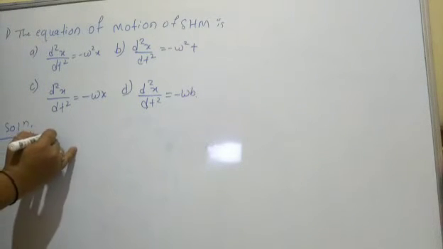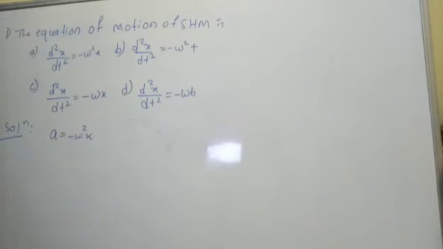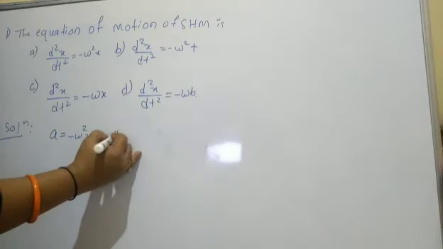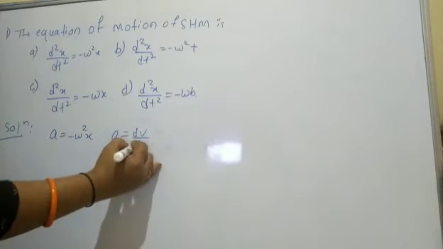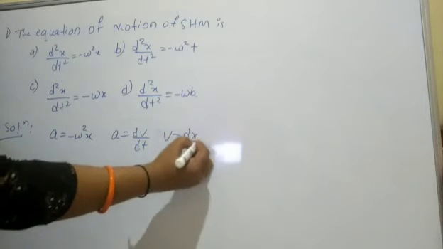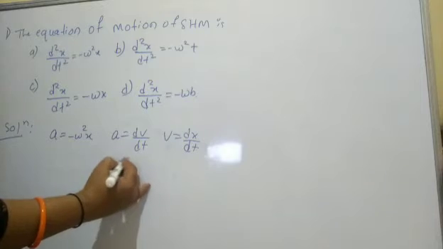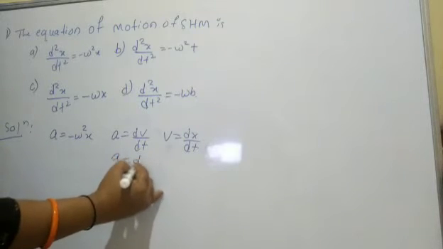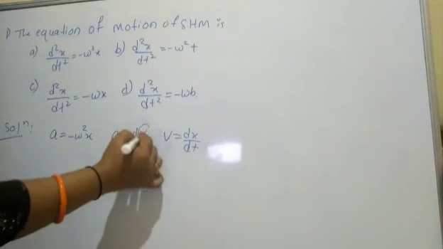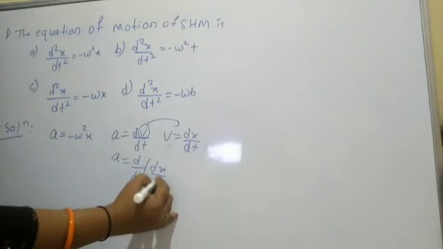As we know, acceleration is minus omega squared x. Acceleration can be written as dv/dt, and v can also be written as dx/dt. So, acceleration is d/dt of v, and in place of v I will introduce dx/dt.